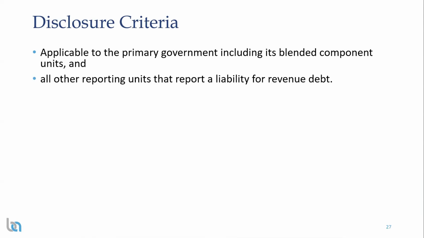First, it's applicable to the primary government and its blended component units, all reporting units that report a liability for revenue debt. So if you're a city, for example, it's not just your city, but also any reporting unit within your organization, like a water fund that has a revenue debt, then you will have to cover that.